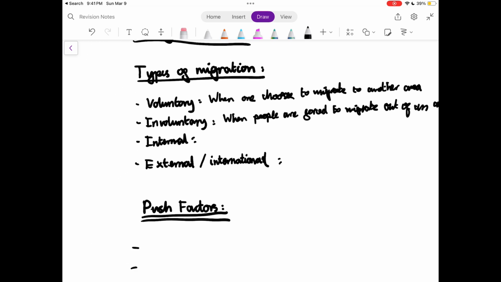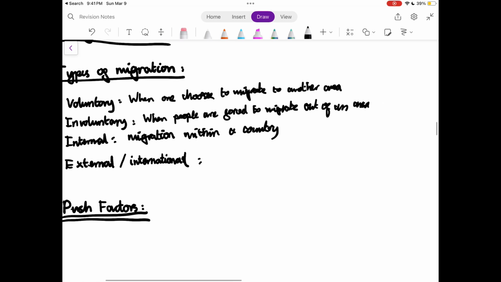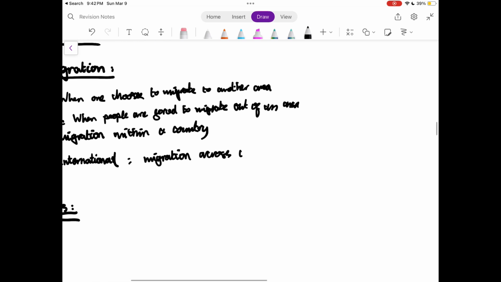And you also need to know the difference between internal and external migration. So internal migration is migration within a country, and external/international migration is migration across international borders.